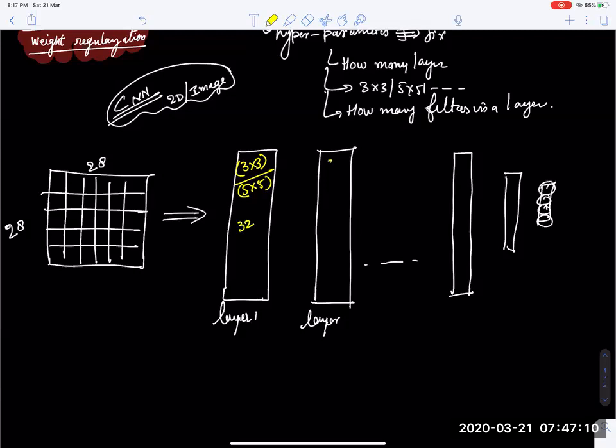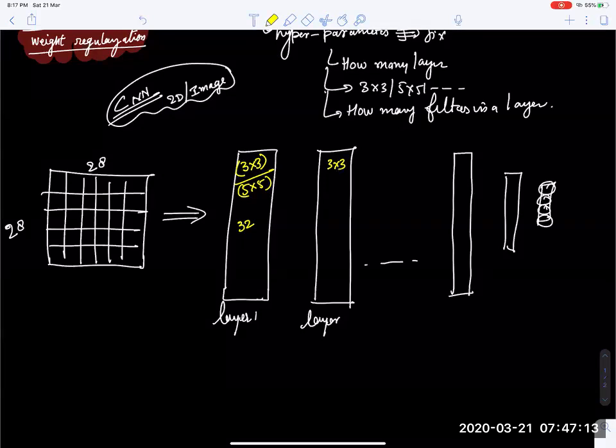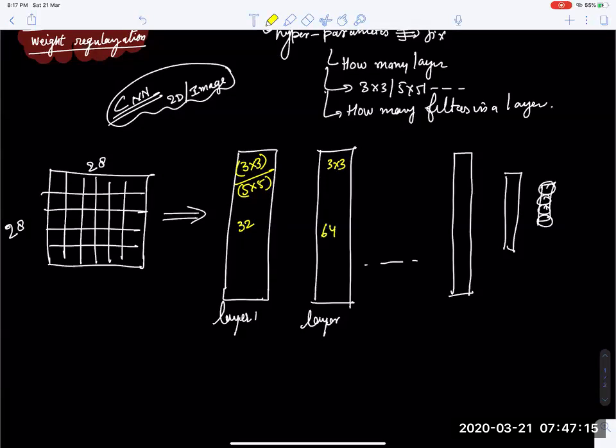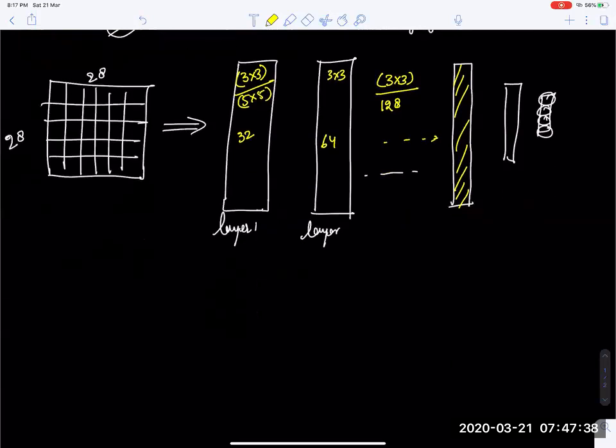Then here I apply 3 by 3 filters, and how many? 64, and then probably I again apply some 3 by 3 filters. And how many such filters? Again, I apply, say, 128 such filters, and keep on doing. And at some point of time, I flatten it. Soon we are going to see that. Anyway, we have talked about these filters and the number of filters. I will show it in detail in an upcoming slide.